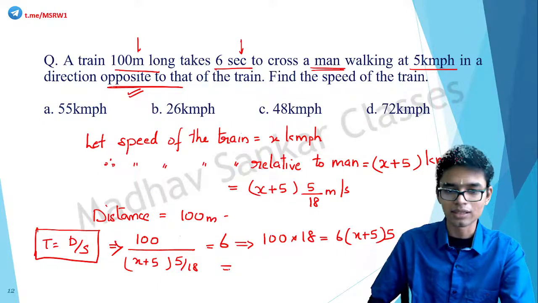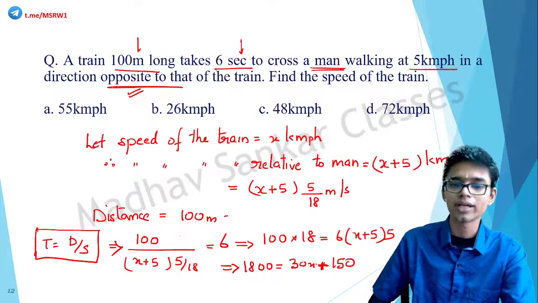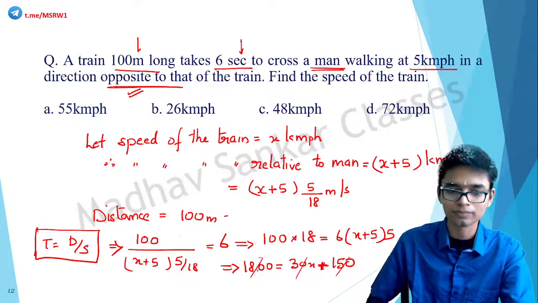Okay, so this implies 1800 is equal to 30x plus 30 into 5. All right. So, no, we could have cancelled 30 there. Sorry about that. So we can cancel 30 from both sides.